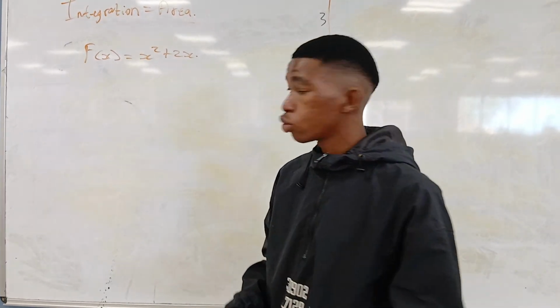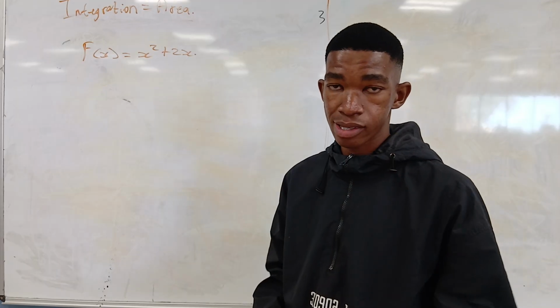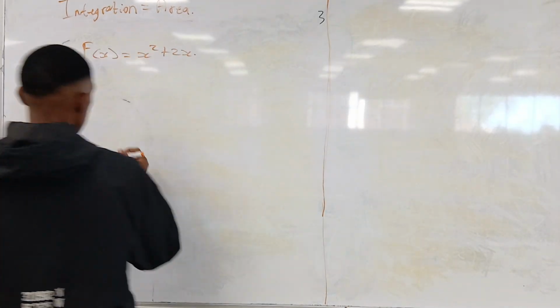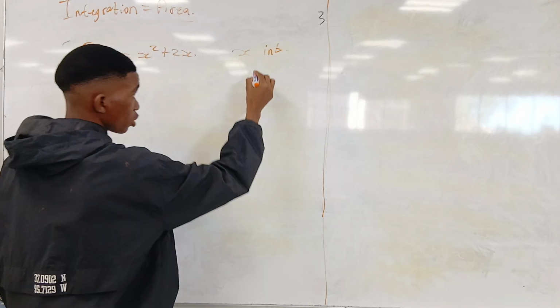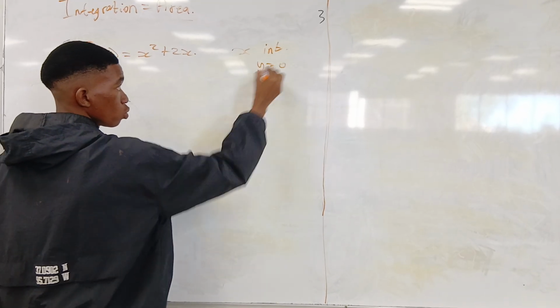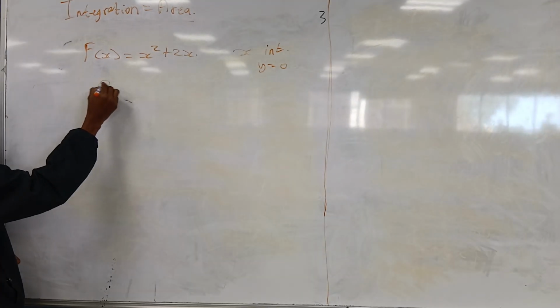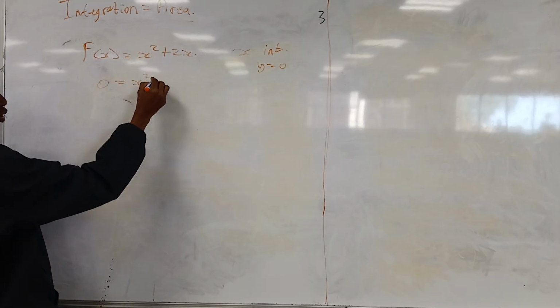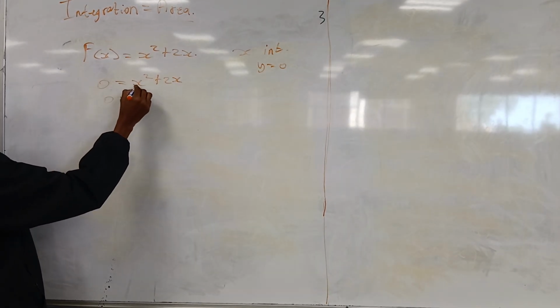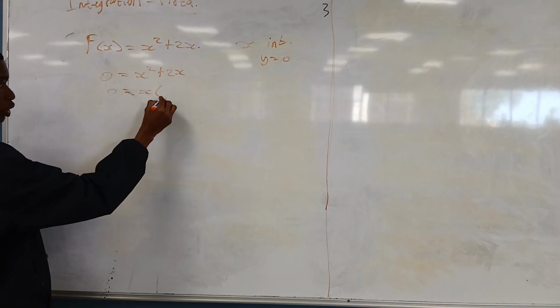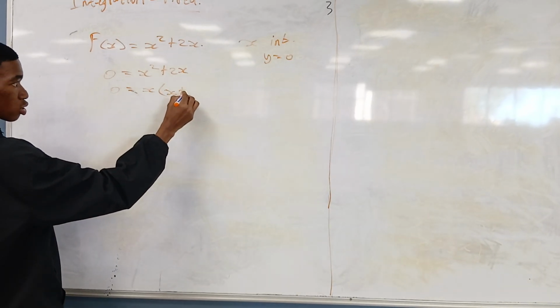First of all, we need to find the x-intercept. Remember, your x-intercept is where your y is equal to 0. So we're going to say 0 is equal to x squared plus 2x. Here, you're going to take out x as a common factor. You're going to be left with x(x plus 2).